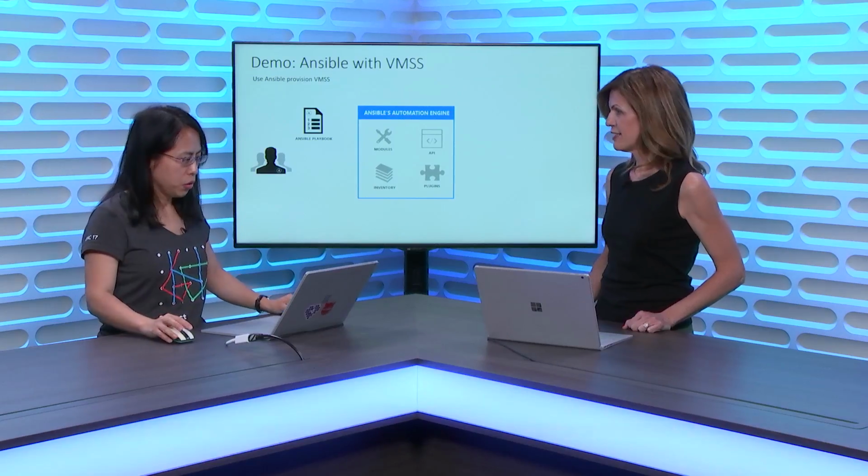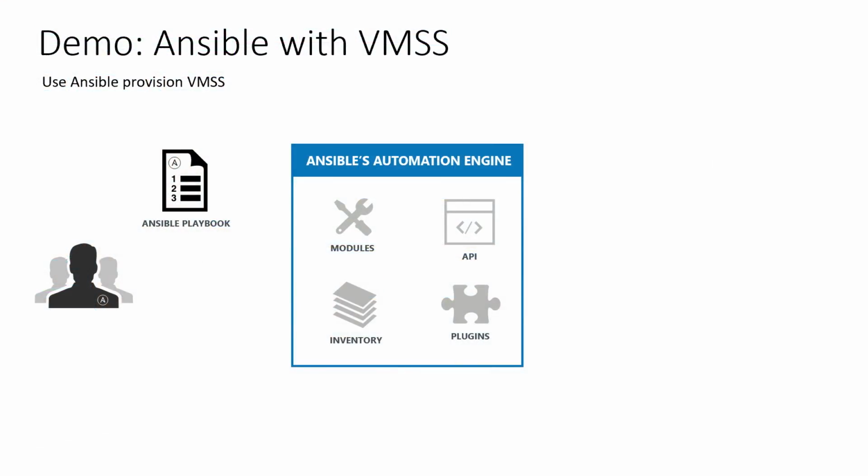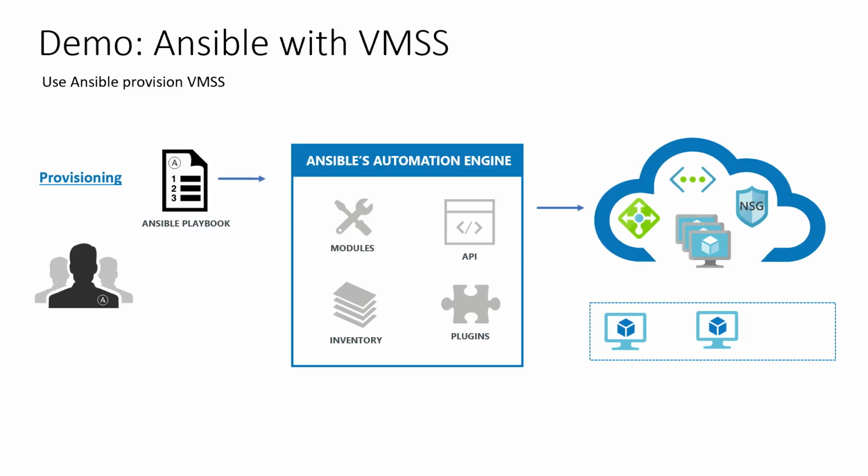Okay, today I will use VM scale set for our demo. I will show you, as the ops engineer, I write an Ansible playbook. Yep, so that is the concept of infrastructure as code. I use this Ansible playbook to call Ansible, and Ansible will call the Azure REST API to provision the VM scale set and other stuff such as networking and some resource group, those things for me.